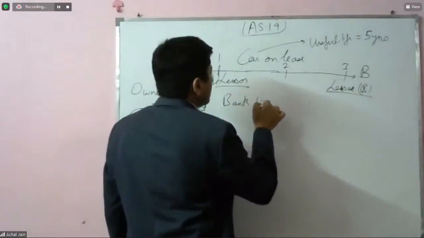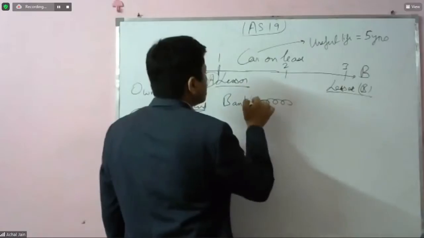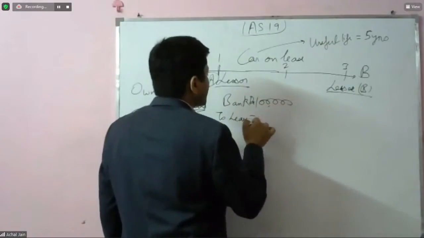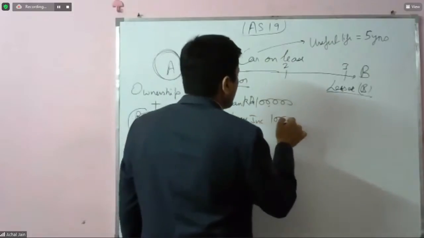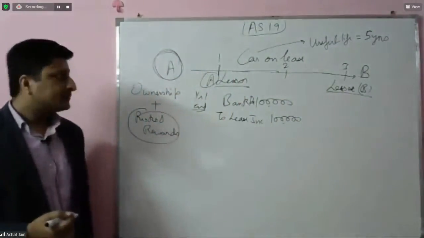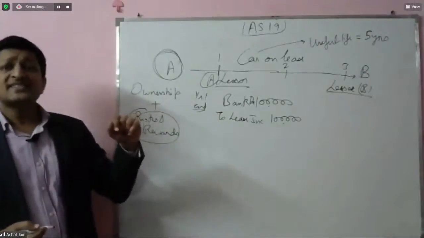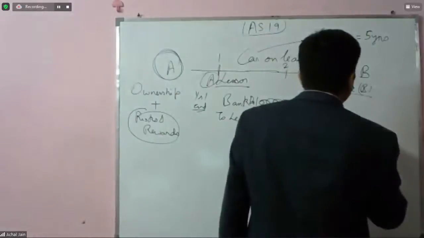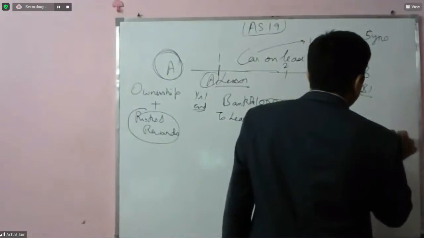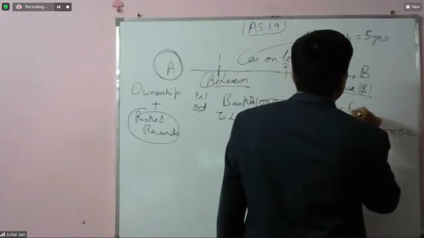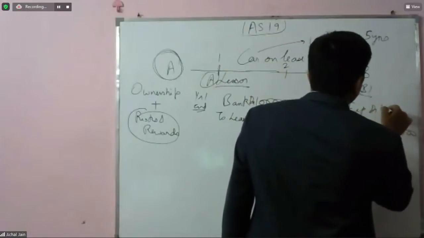Bank debited 1 lakh, lease income 1 lakh. Correct? And lessee is paying this. So lessee will credit bank 1 lakh and will record a lease expense, 1 lakh.